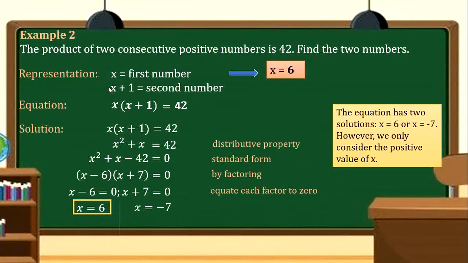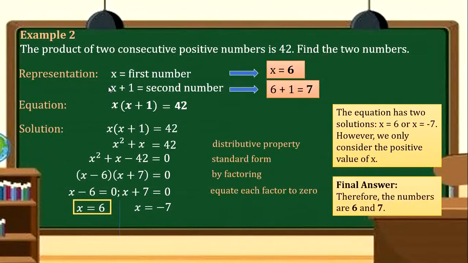And then, the second number, plus 1 lang, so 6 plus 1, that is 7. So, the final answer, the numbers are 6 and 7. Sila yung number na magkasunod na positive na kapag minultiply natin, ang sagot ay 42. So, again, si 6 and 7 consecutive. And kapag minultiply si 6 and 7, that is equal to 42.